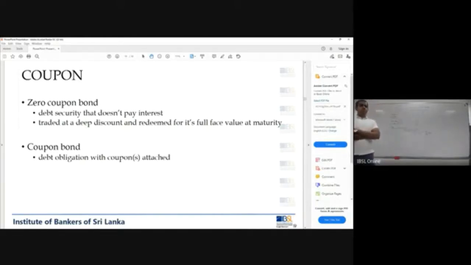It's called a zero coupon bond. If the bond carries no coupons, it is called a zero coupon bond.